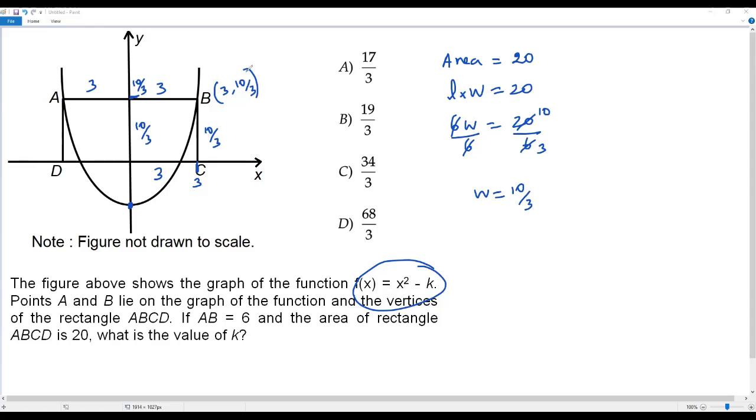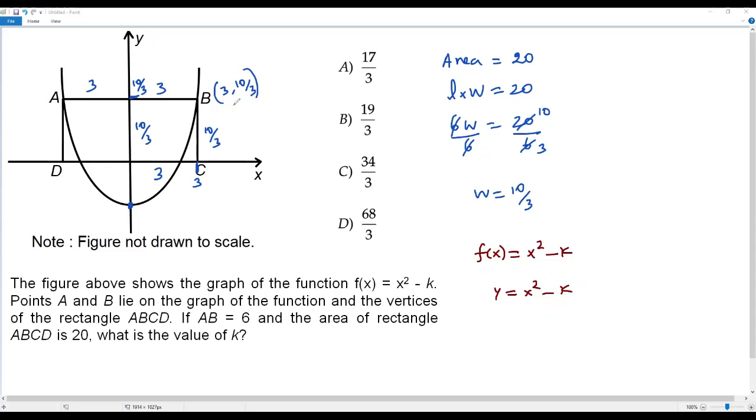Now what we can do is consider the function over here, that is f of x equals x squared minus k. In mathematics, whenever we have f of x, we can consider it as y. Usually instead of the y-coordinate we write f of x. So we can replace f of x by y, then we get y equals x squared minus k. Since we have this point B on the graph of this function, we can plug this point into the function.